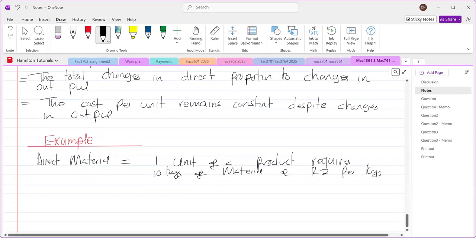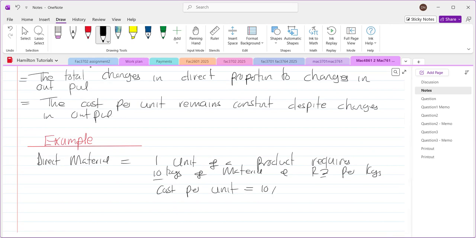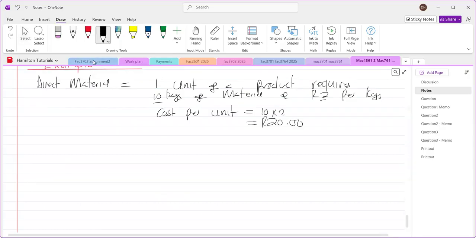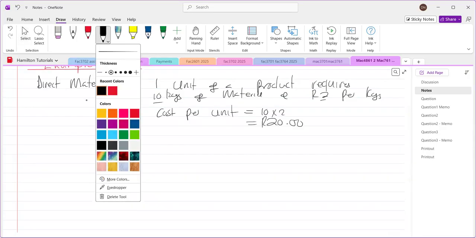So it simply means that the cost per unit, remember each unit requires 10 kgs. Each kg is costing 2 rand. So each unit requires 20 rand of material to produce. Right, what happens if my output varies?